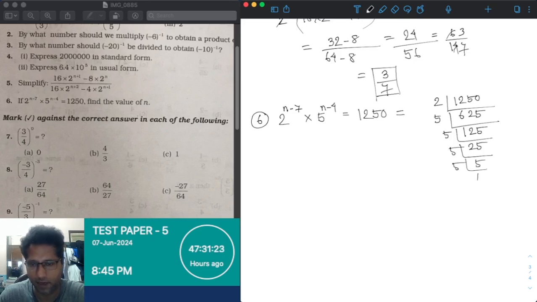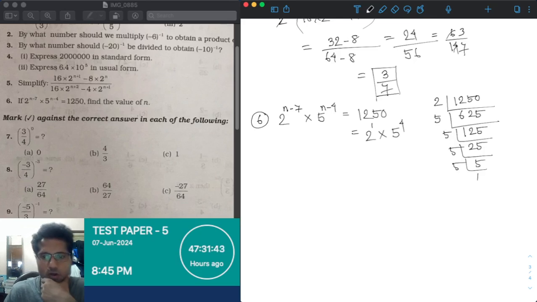So we can see that the prime factorization of 1250 is 2 to the power 1 multiplied by 5 to the power 4, because we have 4 fives.